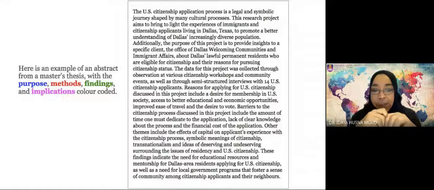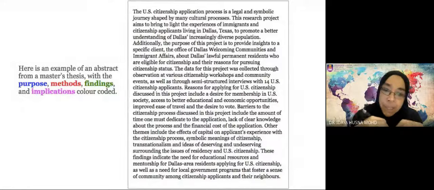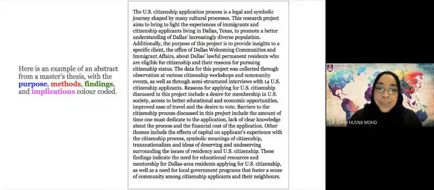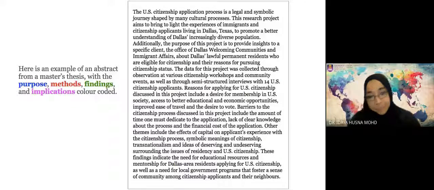So probably you could read the abstract that I have provided here, and maybe tell me which part is the purpose, which part is the method, which part is the findings and implications. Okay, so before we go to the next slide, anybody want to read and try and tell me? I'll give you a few minutes to read.